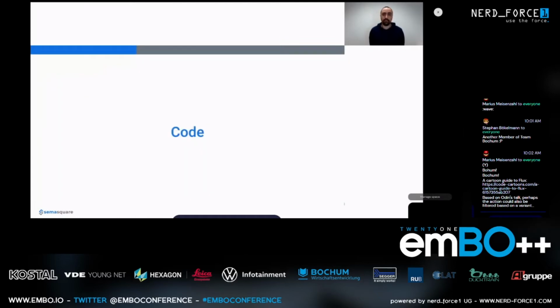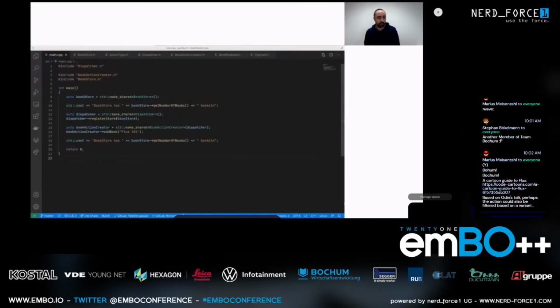So now let's dive into the code and see the components in action. This is a pretty simple example. In the entry point of our application, we first create a bookstore. This is an implementation of a store based on the interface we have seen earlier. The bookstore looks like this.